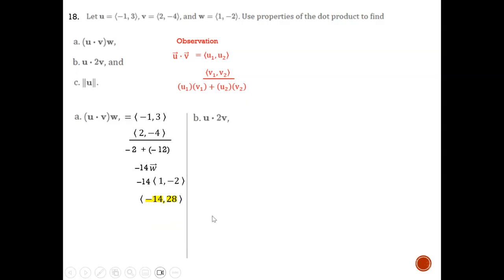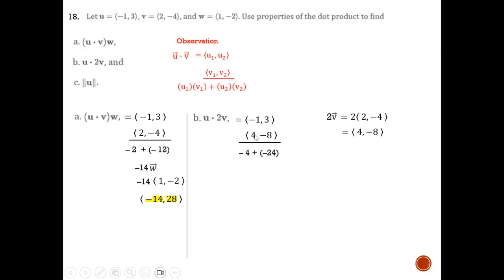Now for part B, we have vector U dot product 2 times vector V. First I'm going to do 2 times vector V. Vector V is 2, negative 4, so it's going to give us 4, negative 8. Now vector U is negative 1, 3, dot product with vector 2V, which is 4, negative 8.